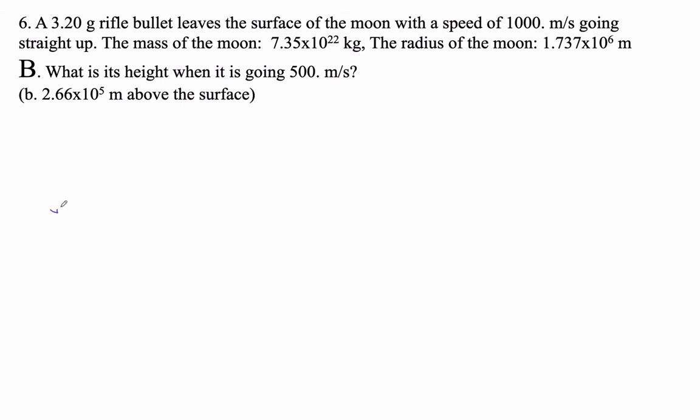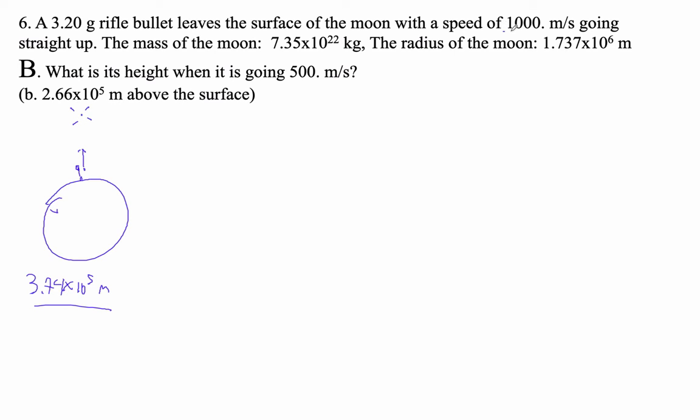Okay, so we're going to fire this up from the surface of the moon, right? And we determined that this bullet goes up to a height of 3.74 times 10 to the 5th meters above the surface before it stops, right?